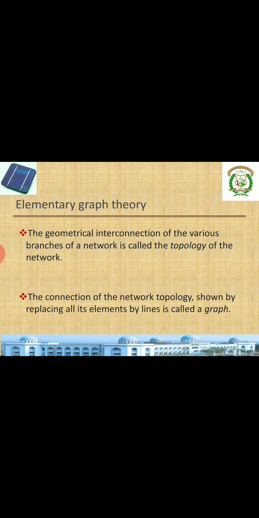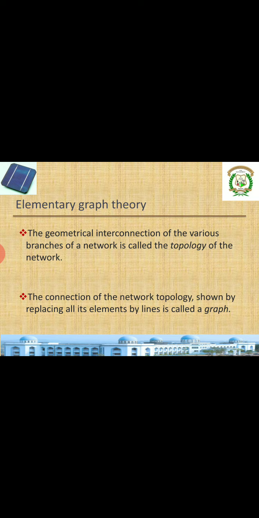So what is elementary graph theory? The geometrical interconnection of the various branches of a network is called the topology of the network. From the reactance diagram, we get the graph of a particular network, which is nothing but a geometrical interconnection of the various branches of a network.